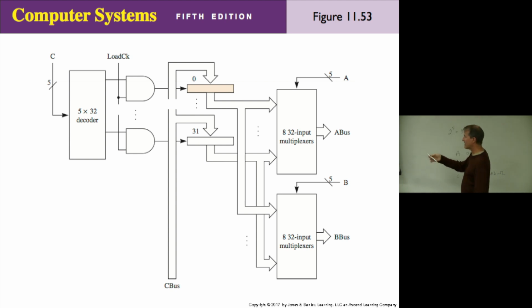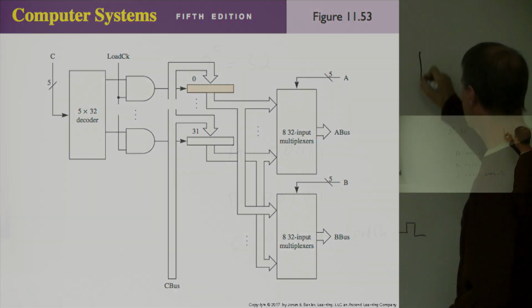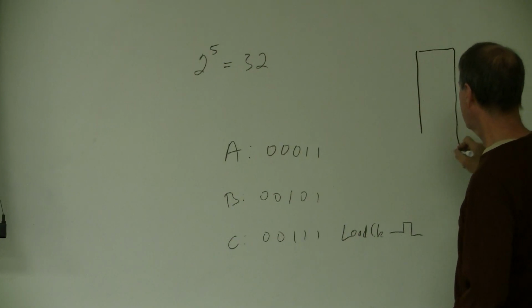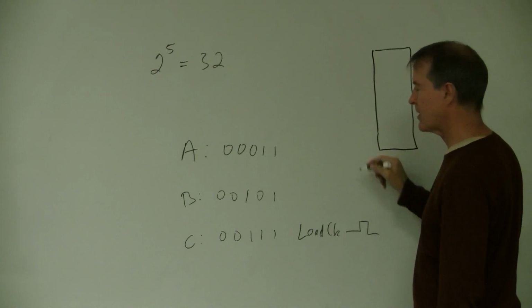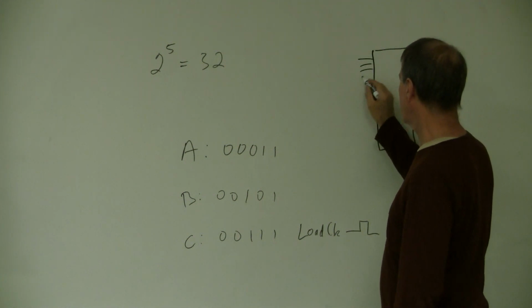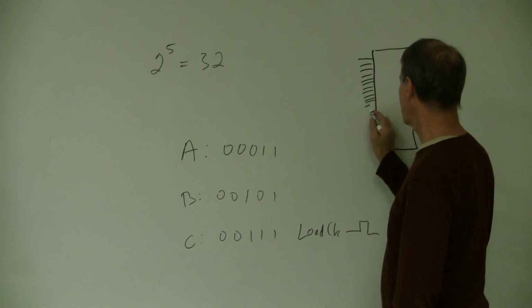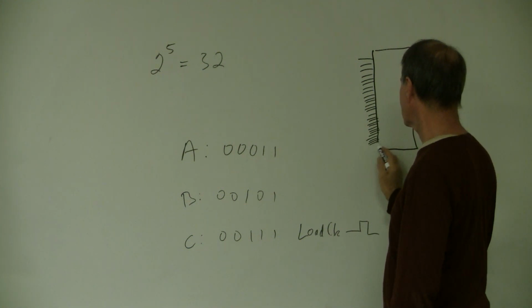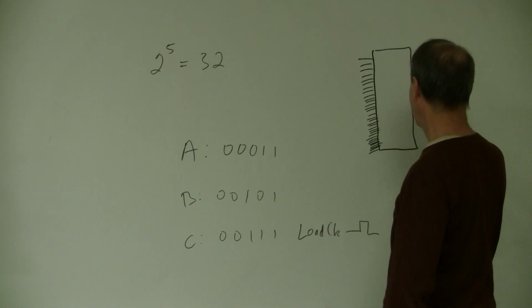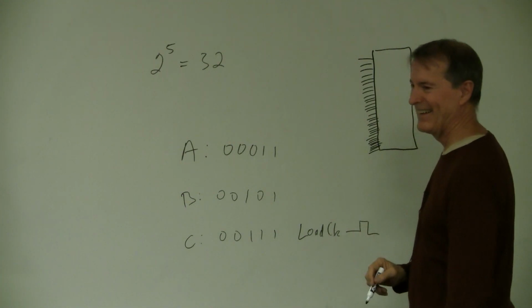Because that's 8 32-input multiplexers. So what does a 32 input multiplexer look like? A multiplexer is many to one, right? 1, 2, 3, and so on up to 32, into 1.